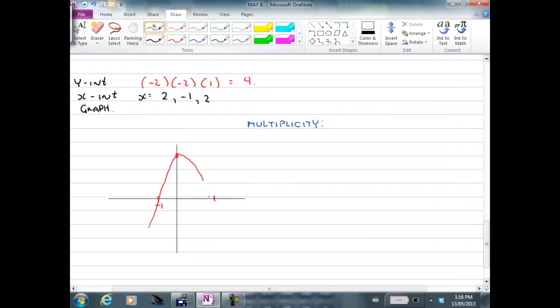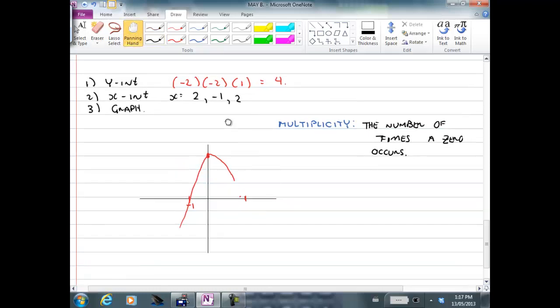Multiplicity means the number of times a zero occurs. Okay, it sounds really vague, but the multiplicity determines the shape.